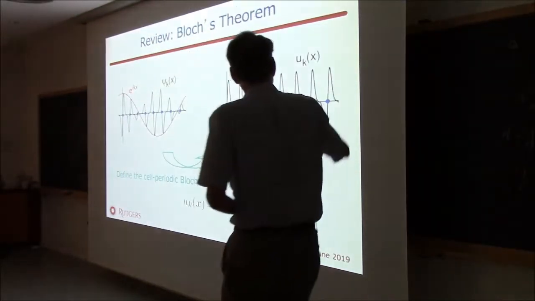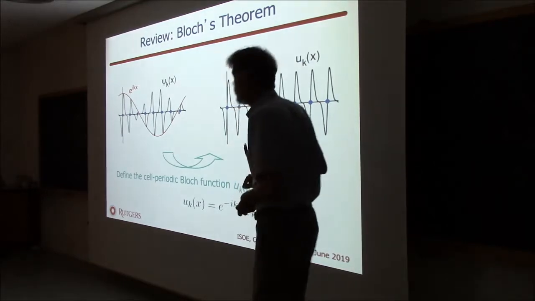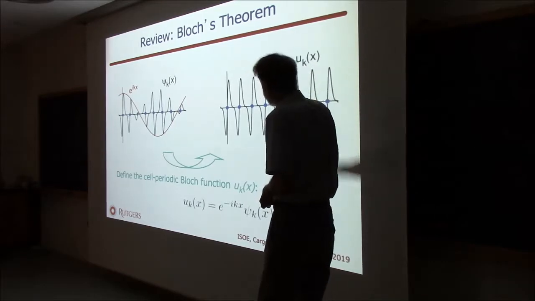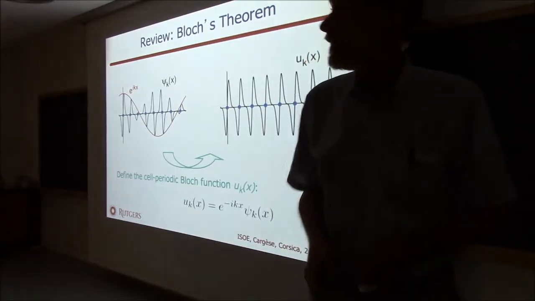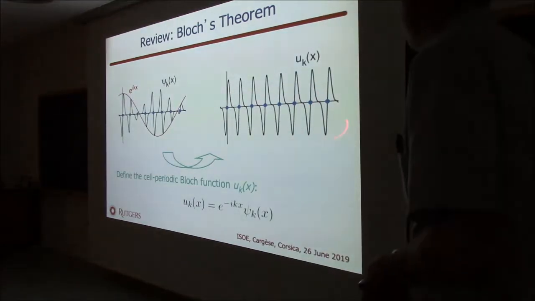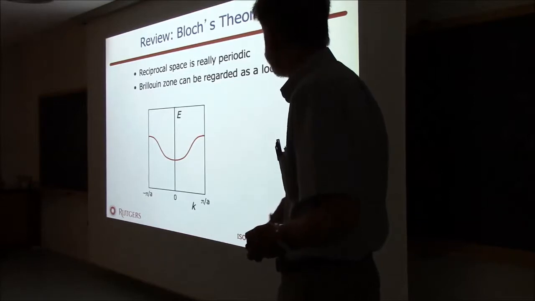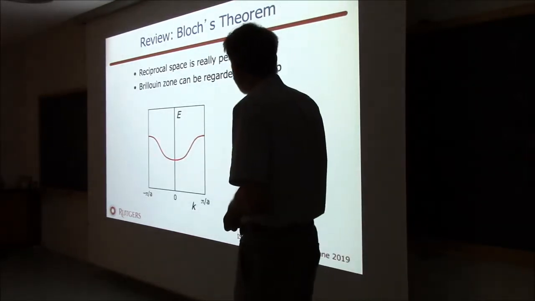At different wave vectors, u_k changes shape, but always has the same periodicity. And that will allow us to take derivatives with respect to k of u, whereas derivatives with respect to k of psi are ill-defined. I'm jumping ahead a little bit, but that's really the reason we use these cell periodic functions.